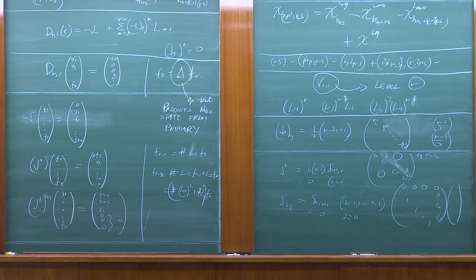So clearly what we get is a state of the right level to be this rth descendant. Now the question is, is it really a primary? Is it actually annihilated by L1 and L2? That's the next question we have to address. Once it's annihilated by both L1 and L2, it's a primary.